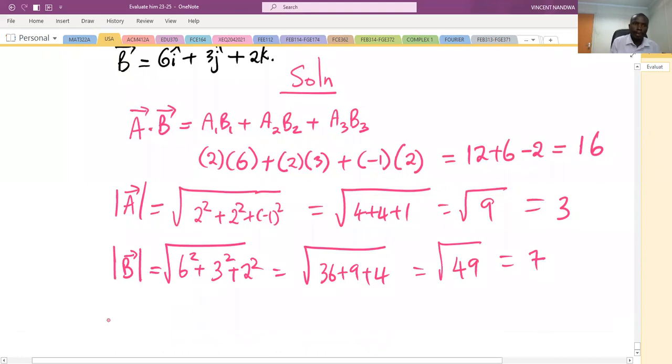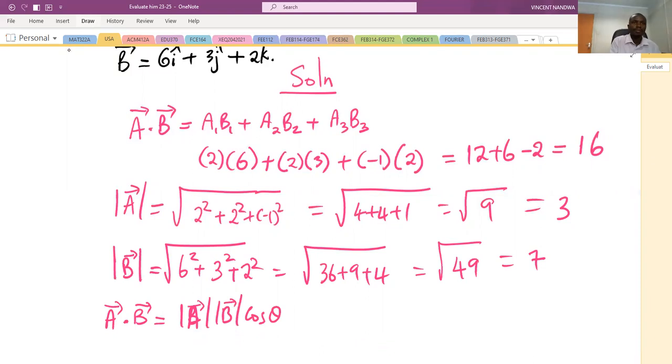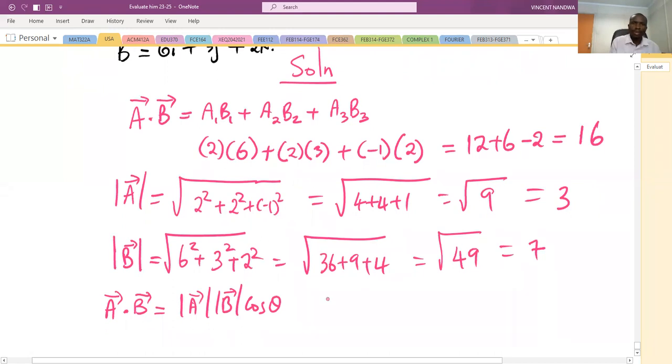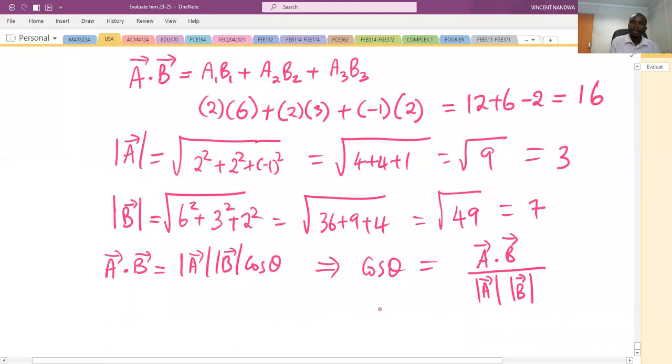So we also know that A dot B is magnitude of A, magnitude of B, cos of angle between A and B. So which means we'll have cos of theta to be A dot B over magnitude of A times magnitude of B. So that cosine of theta, from our calculation, we have 16 over 3 times 7.